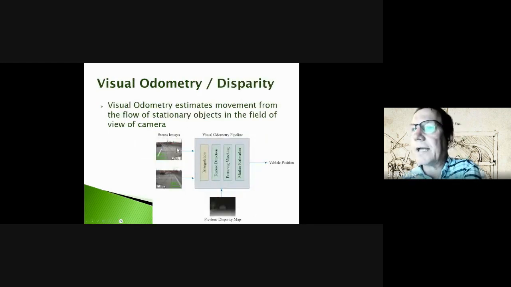Let's look at these two images here, right? So this is an image from two different cameras mounted spaced apart on a car. And let's just look at this right-hand tail light of that car. We see it show up in this pixel location.